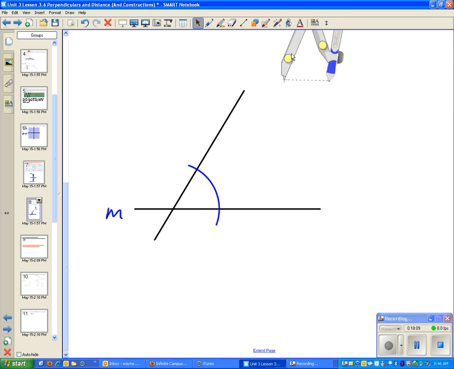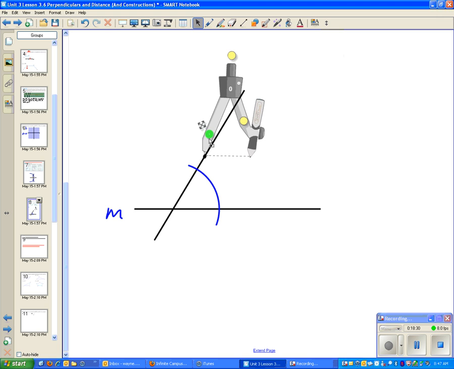Okay. Now we need a reference point on our transversal. So just somewhere above the little arc you made, make a little point. And now we're going to do the same thing we just did. We're going to put our point of the compass on that point, and we're going to draw an arc.